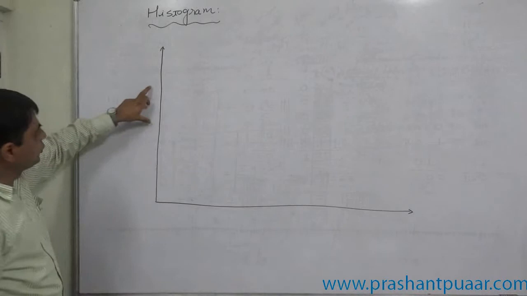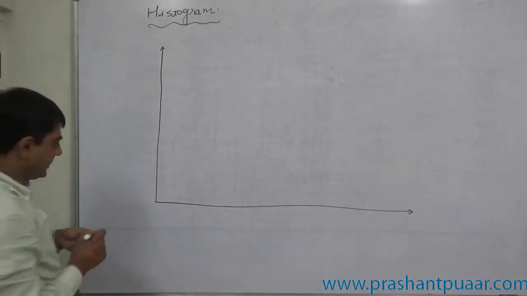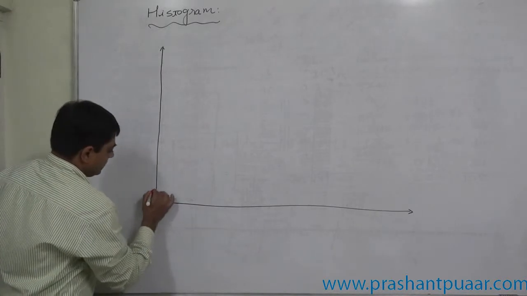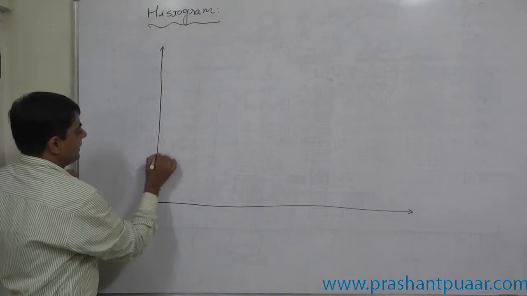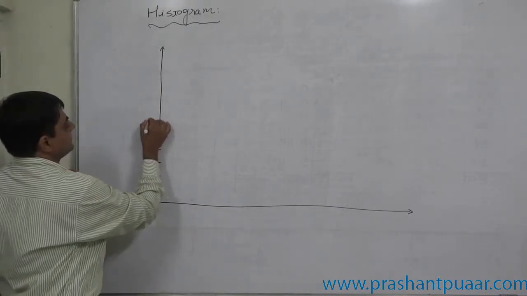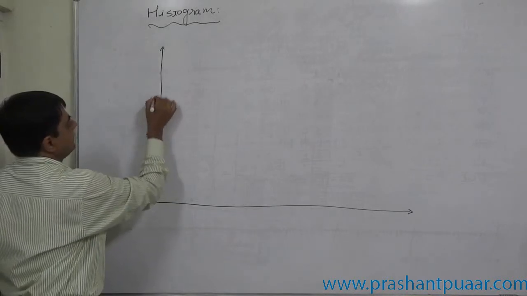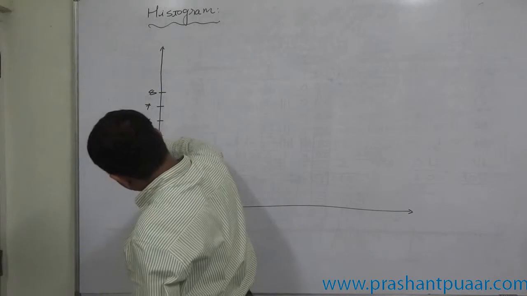So we need up to 8 only. So we will go with scale of 1 per centimeter. 1, 2, 3, 4, 5, 6, 7, and 8. What is it? This is frequency.